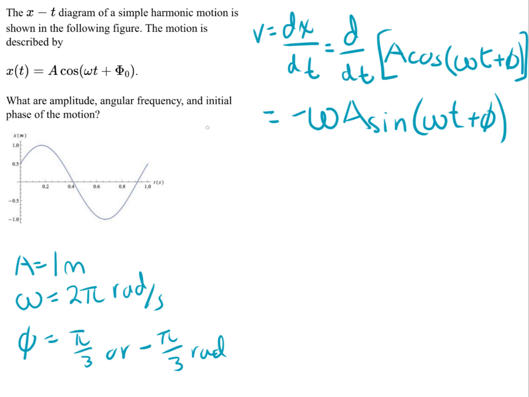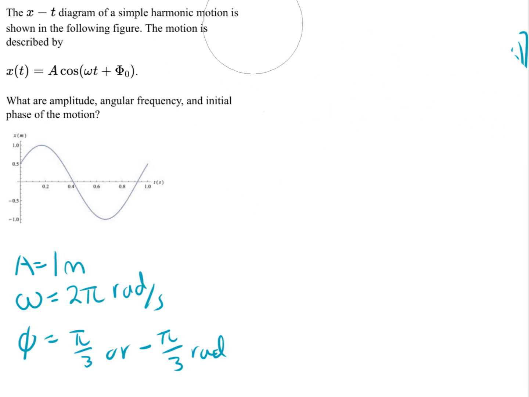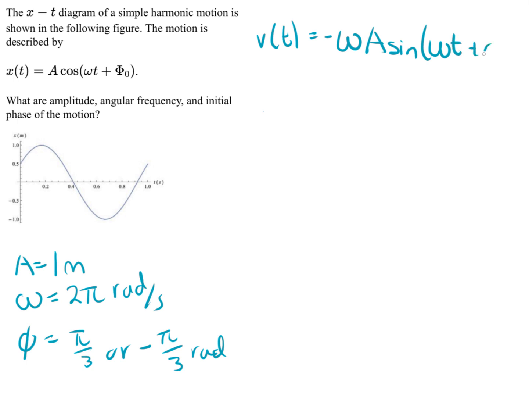And this is our expression for velocity as a function of time. So I'm going to rewrite it: the velocity as a function of time is equal to minus omega A sine of omega t plus the phase constant. And this is our function for velocity.